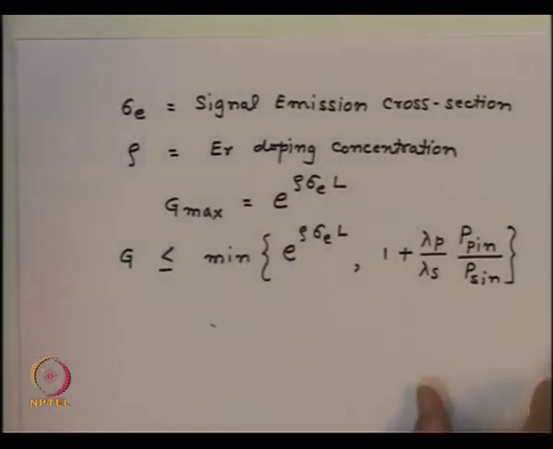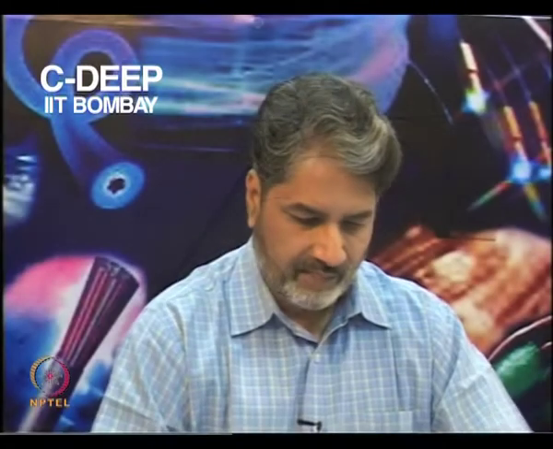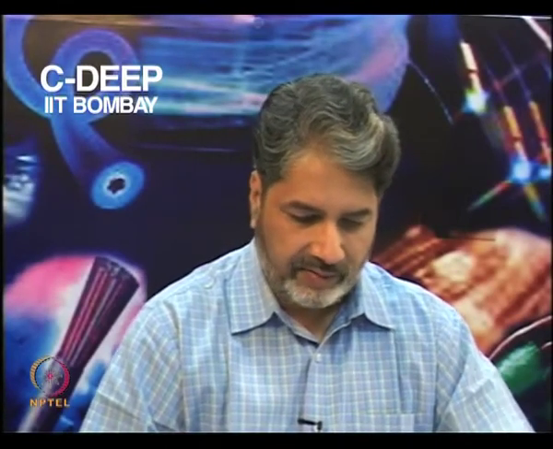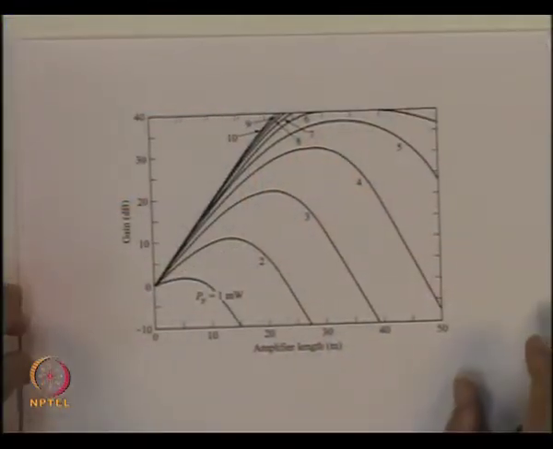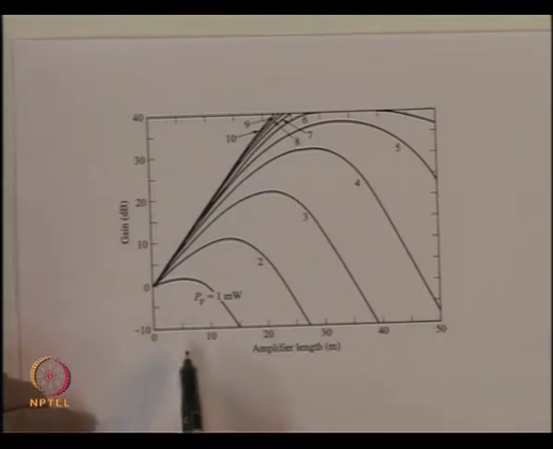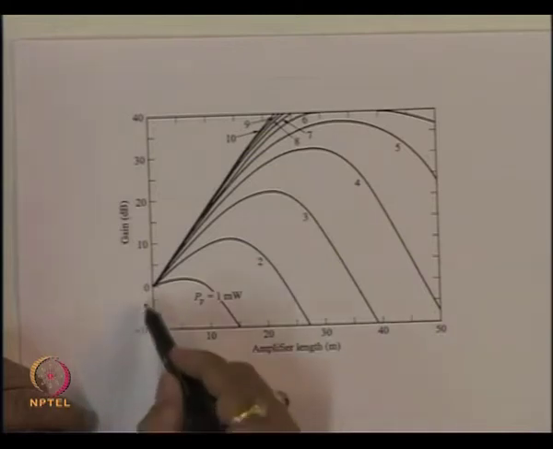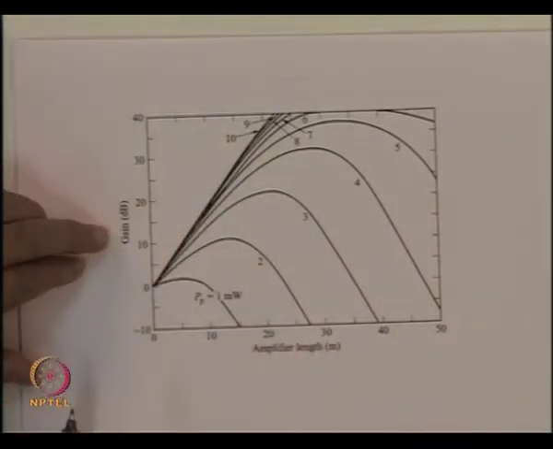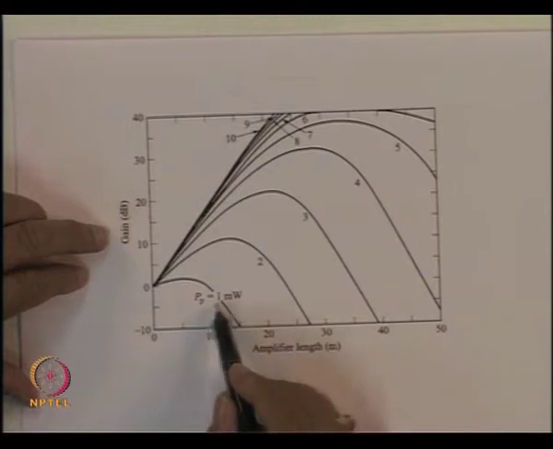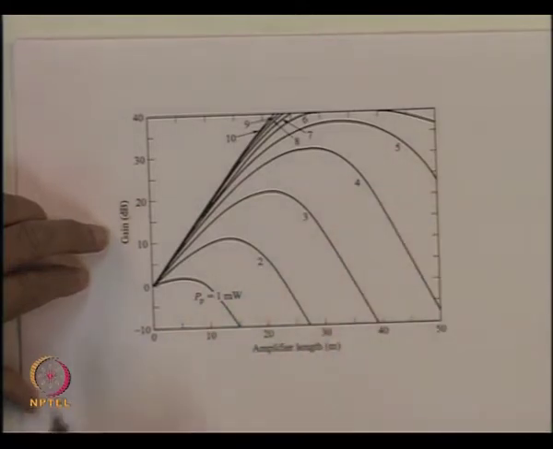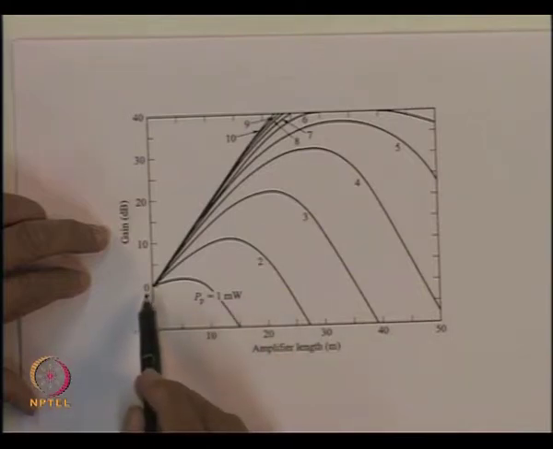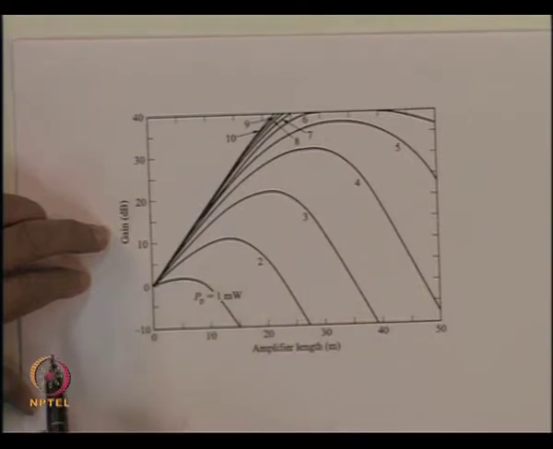If you take this gain and plot it as a function of length, a typical gain characteristic of the EDF would look like that. What is shown here is the amplifier length, the EDF length, and this is the gain of the amplifier given in dBs. And these are the curves for different pump powers. If you have a 1 milliwatt pump power, you will get a maximum gain which should be very close to 0 dB.